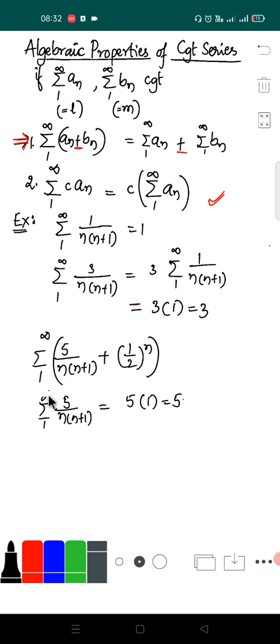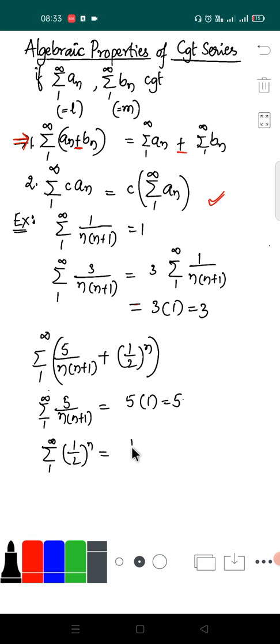Here we add the summation from 1 to infinity of 1 by 2 to the power of n. This series we know converges to a by 1 minus r.